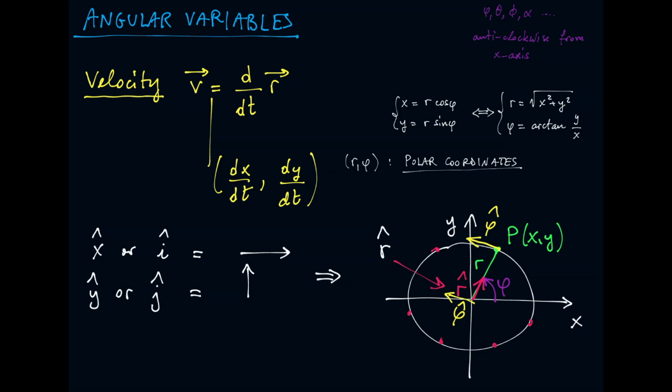You can either trust me or spend some time trying to figure out that these two unit vectors have pretty simple expressions, if you're interested. And this is simply x, y divided by r, or maybe let me write this as 1 over r times (x, y). So these are the Cartesian components of that unit vector. Okay. And phi hat instead has components minus y and x, again divided by r.